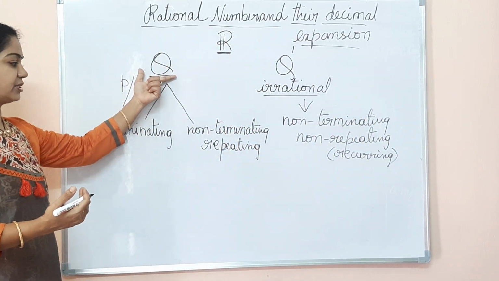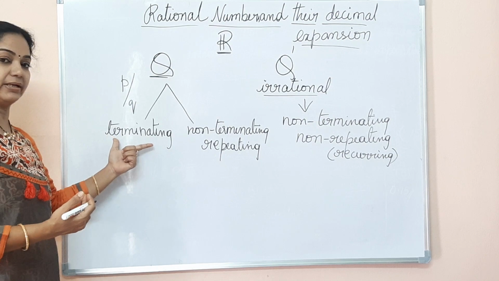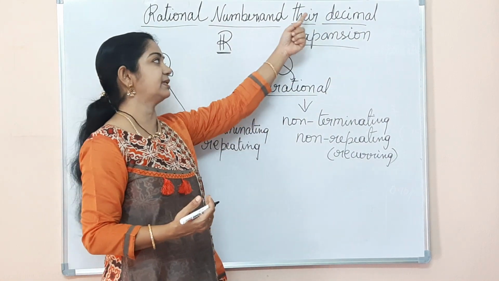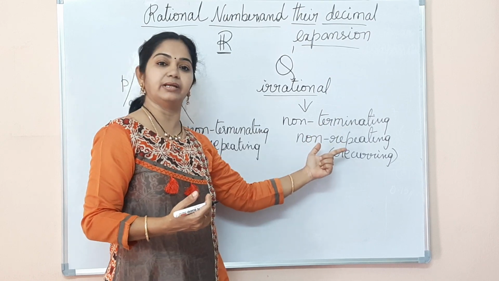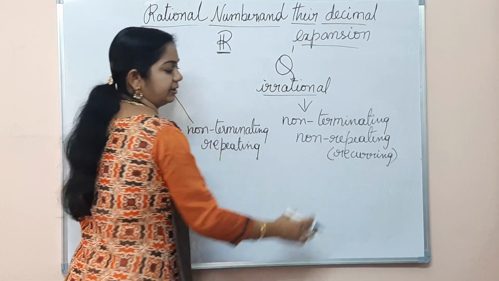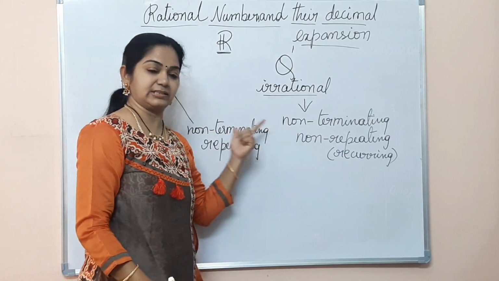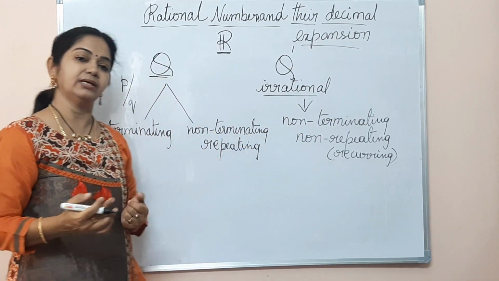So for rational numbers, either we get terminating or non-terminating repeating, whereas for irrational numbers, the decimal expansion is non-terminating, non-repeating decimals. Depending on these two, the decimal expansions, we will see the theorems.